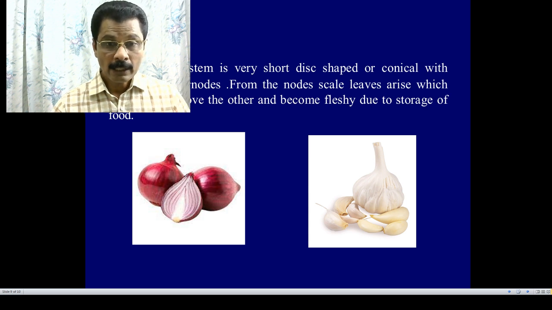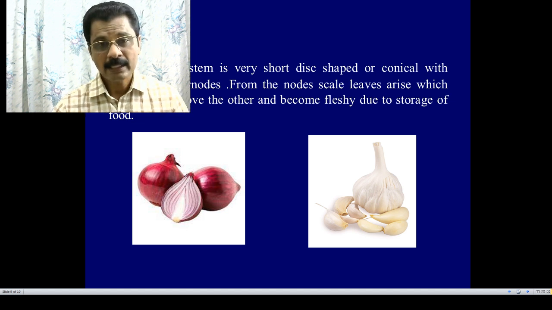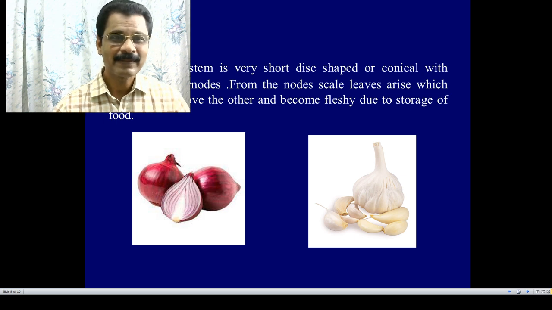Then non-tunicate bulb is also there. Non-tunicate bulb, example lily. There you can't see any outer covering. The outer scale leaves are not there.